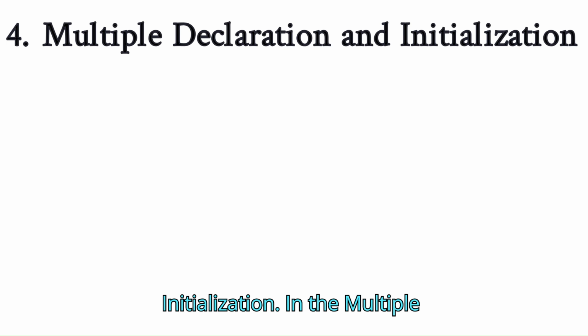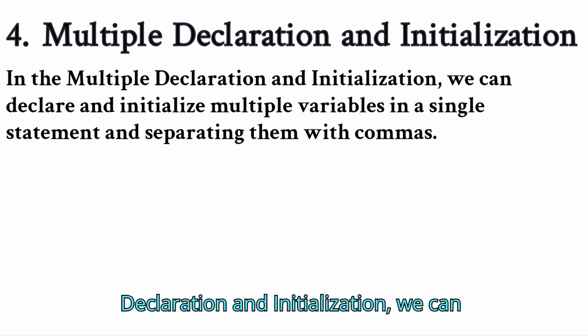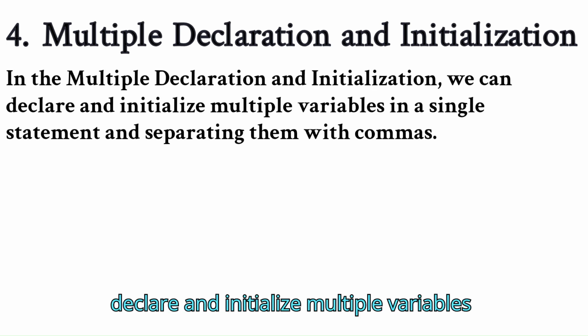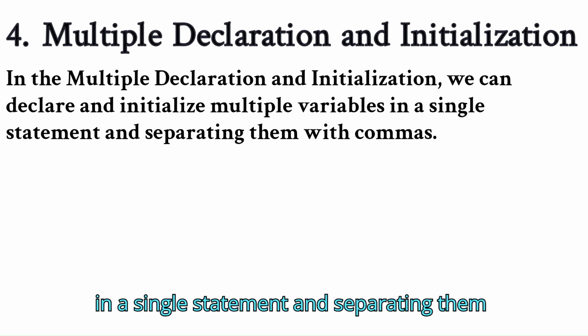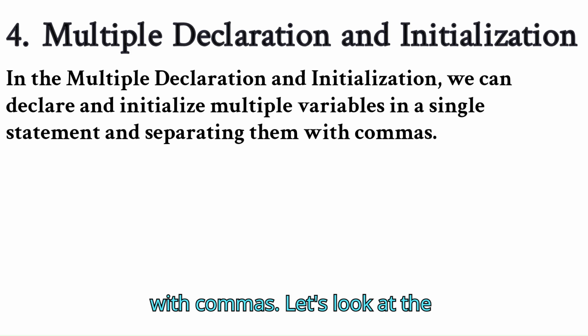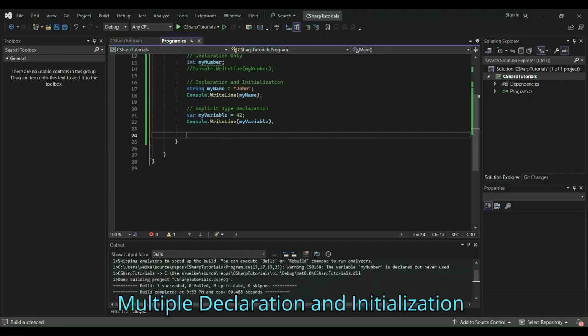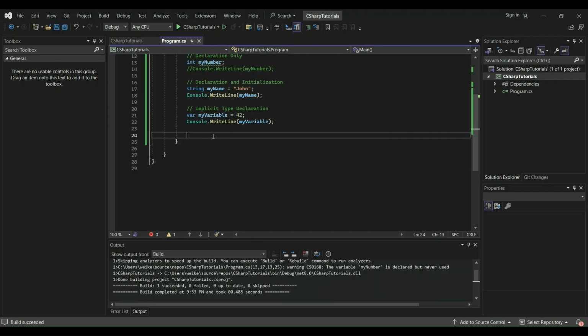Fourth, multiple declaration and initialization. In the multiple declaration and initialization, we can declare and initialize multiple variables in a single statement, separating them with commas. Let's look at the multiple declaration and initialization example.